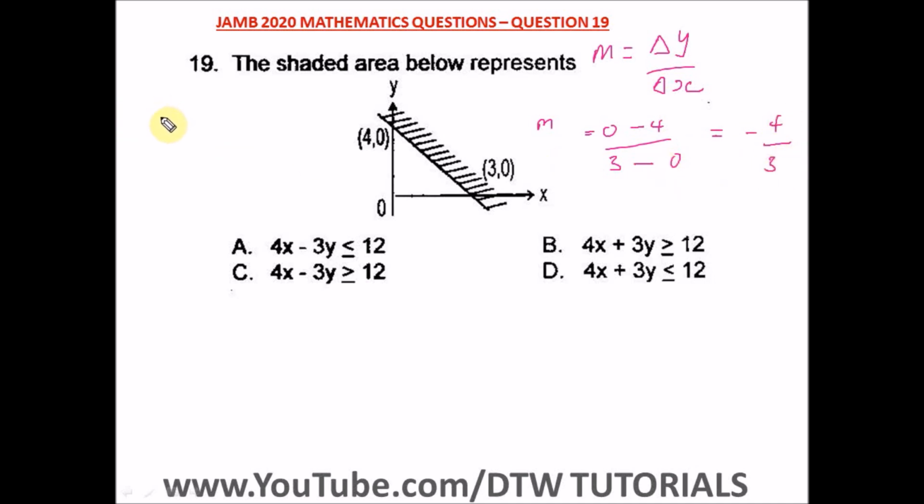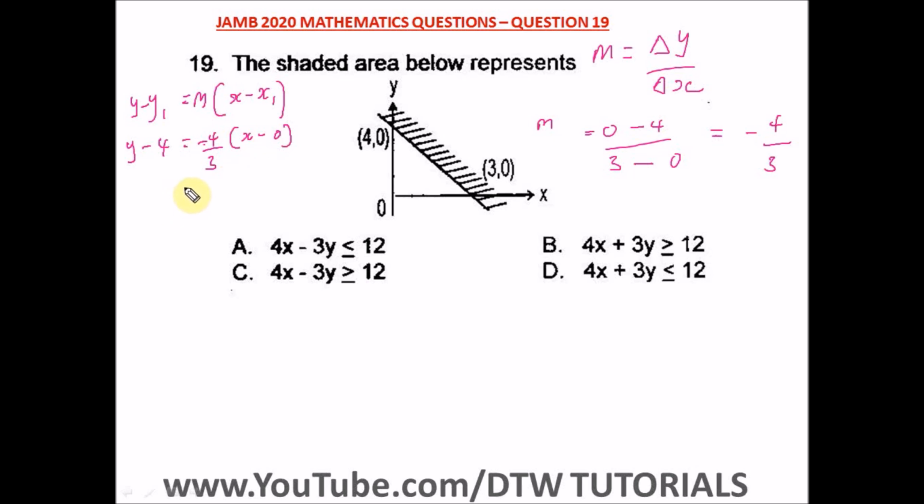Then recall the equation of the line now is y minus y1 equals to m bracket x minus x1. I hope you all remember this formula. So our y1 is 4 equals to, remember m is minus 4 over 3 bracket x minus 0.